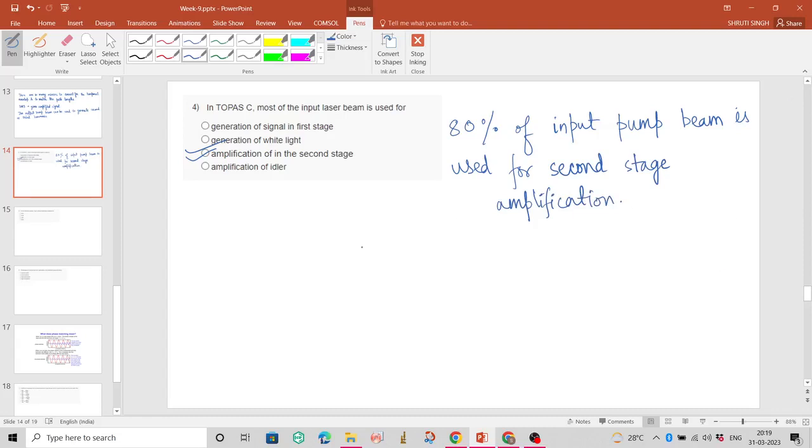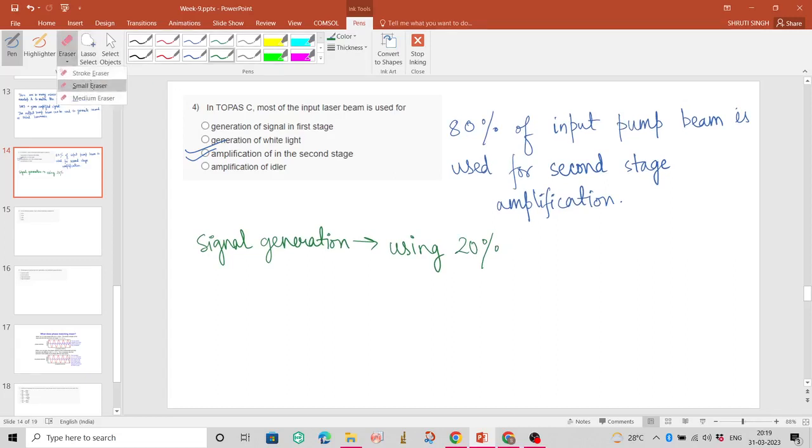No, the signal is generated using, let me write here, signal generation is happening using, sorry, 80% of the 20%.